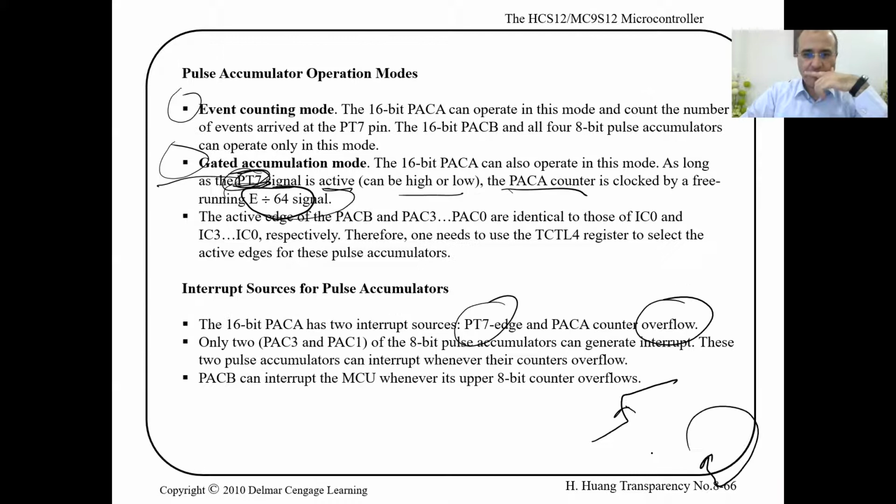Pulse accumulator B, this is for A. For B, for 3 and 1, the 8-bit pulse accumulator can generate interrupts. These two pulse accumulators can interrupt whenever their counters overflow, when they get to 255 and overflow. For pulse accumulator B, the 16-bit, whenever its upper 8-bit counter overflows.